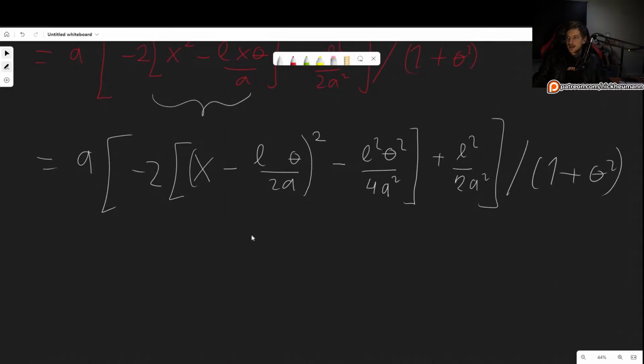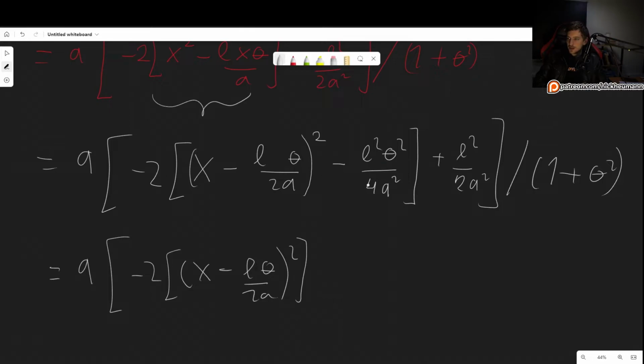Okay, and what was the point of this, you might be wondering? Well, check it out. Now we have a here, the same, minus 2 factor of x minus L theta over 2a, and this thing is squared. But now, let's multiply through, so this minus 2 and this, so we get plus L squared theta squared over 2a squared because we multiplied by this 2, and plus L squared over 2a squared.